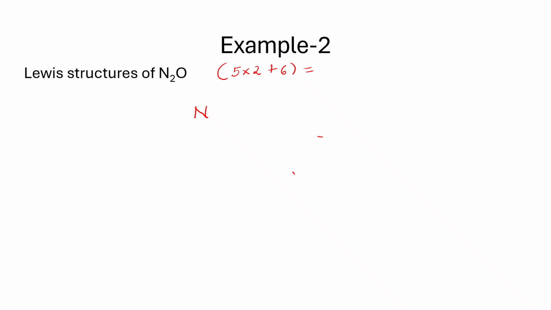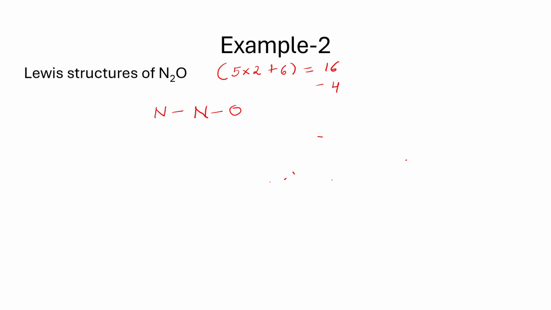So the total number of electrons that need to be accounted for is 16, right? So we now have nitrogen as the central atom and the other nitrogen and the oxygen as the peripheral atoms. And just as before, we make two covalent bonds with the two peripheral atoms. So that accounts for 4 of these electrons, right? So we are now left with 12.